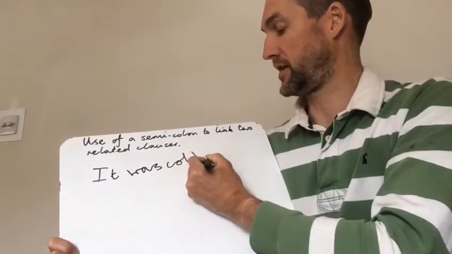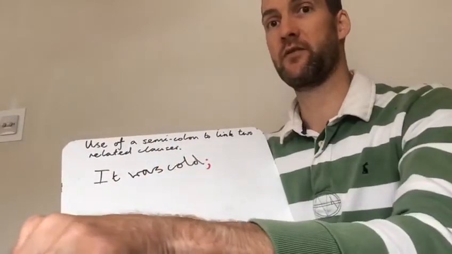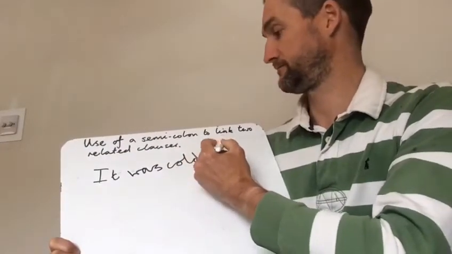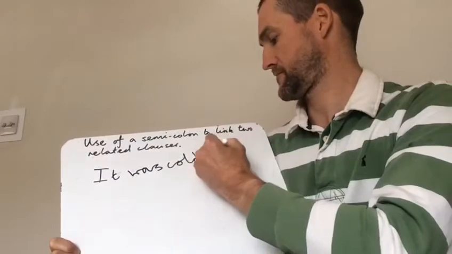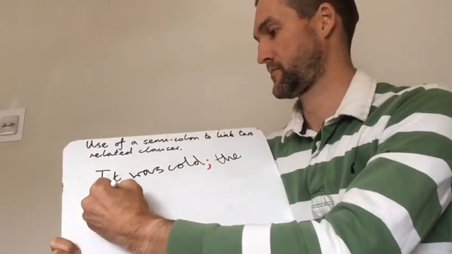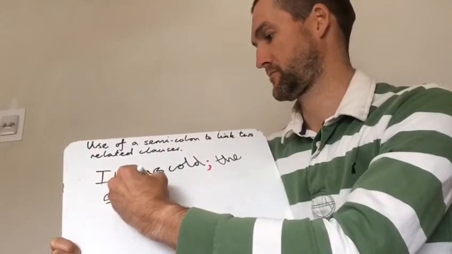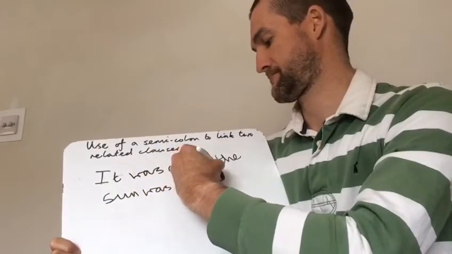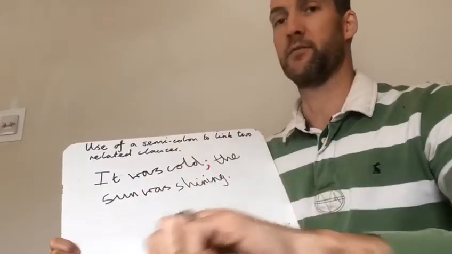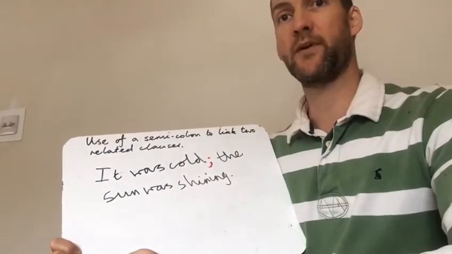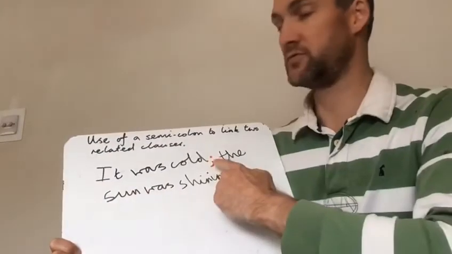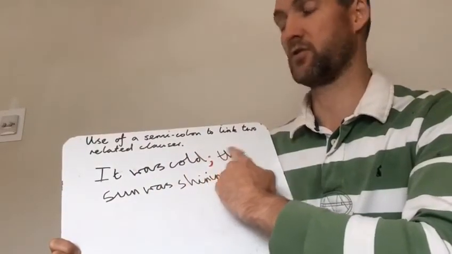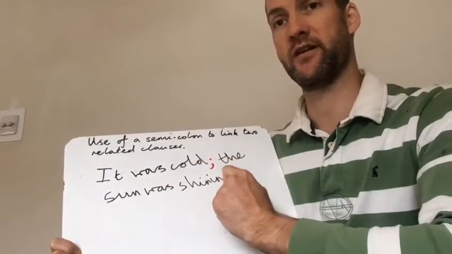I could do that by using a semicolon and then adding that second clause on. So I've now manipulated the sentence to use a semicolon here. It was cold, semicolon, the sun was shining.